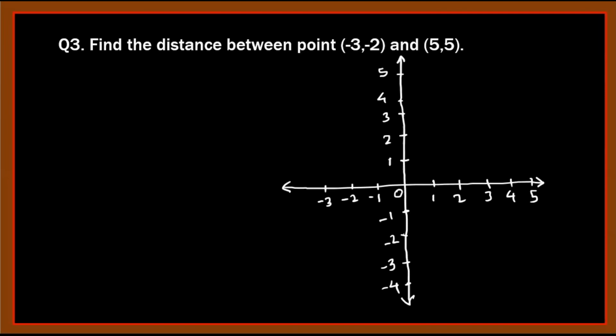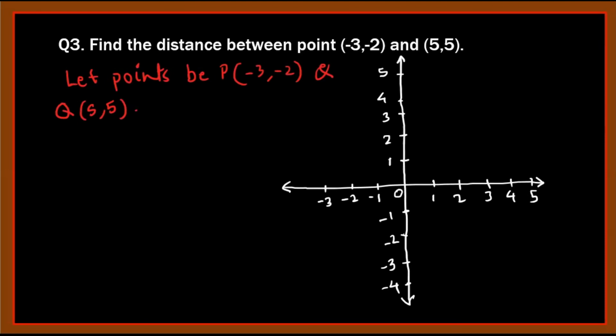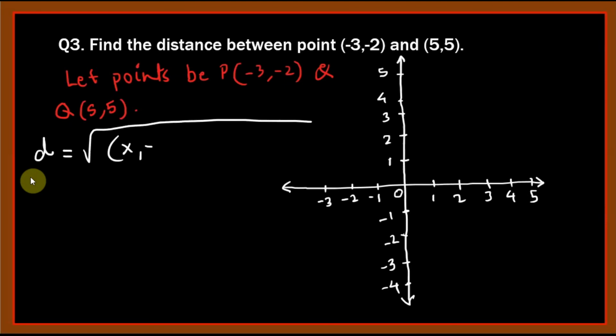Find the distance between points -3, -2 and 5, 5. Let the point be P, which is -3, -2 and Q, which is 5, 5. The distance formula is d equals square root of x1 minus x the whole square plus y1 minus y the whole square.